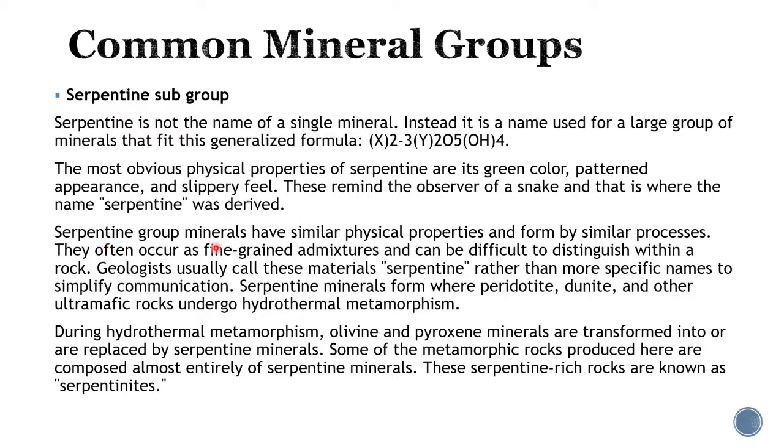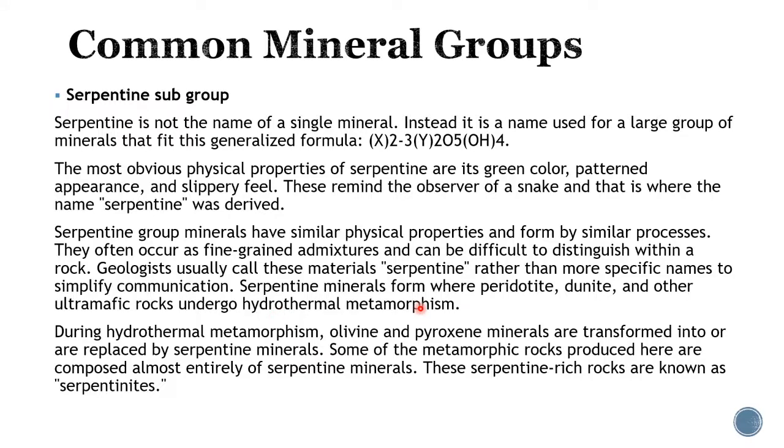Serpentine group minerals have similar physical properties and form by similar processes. They often occur as a fine-grained mixture and can be difficult to distinguish within a rock. Geologists usually call these materials serpentine rather than more specific names to simplify communication.